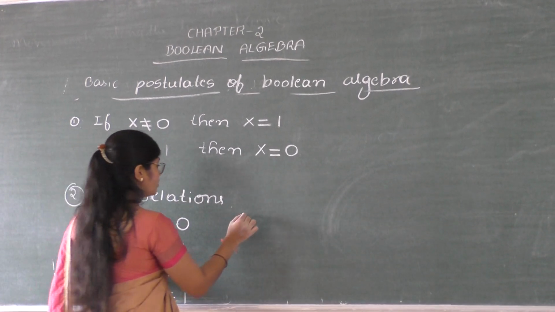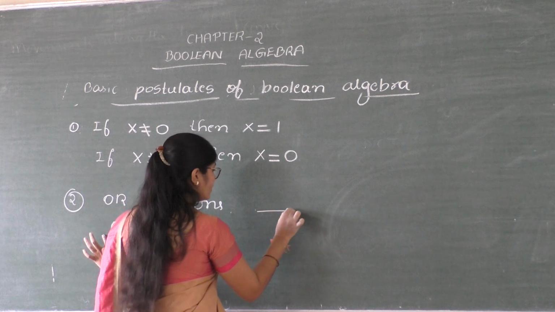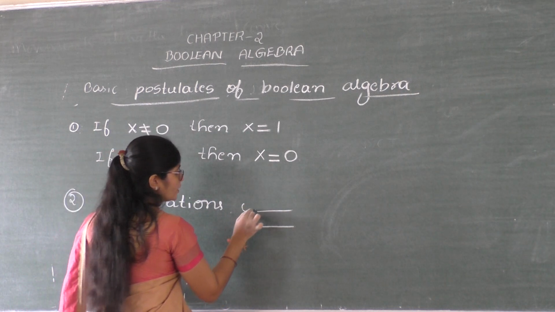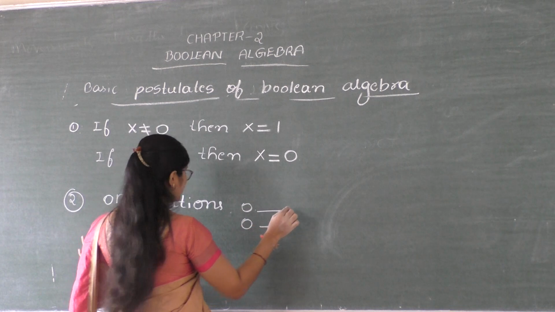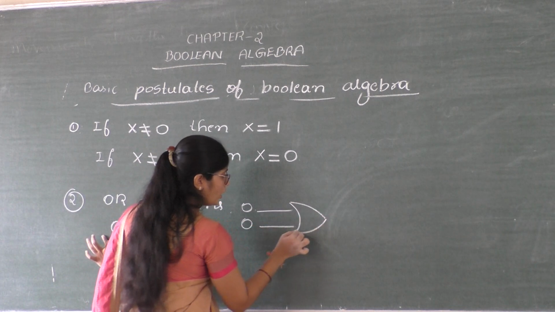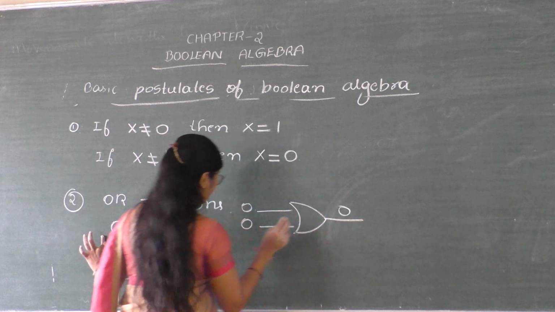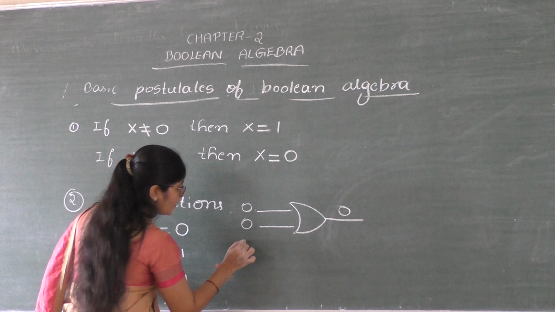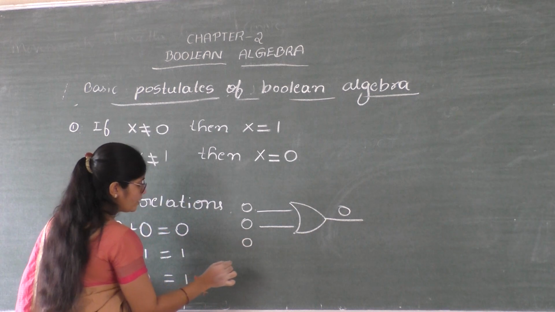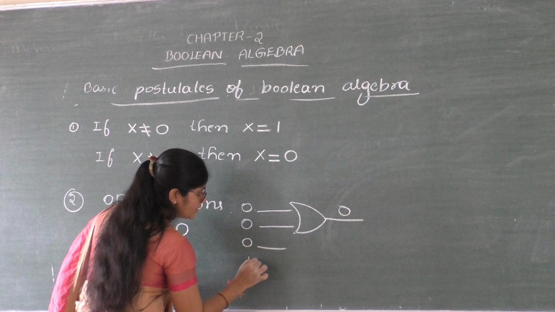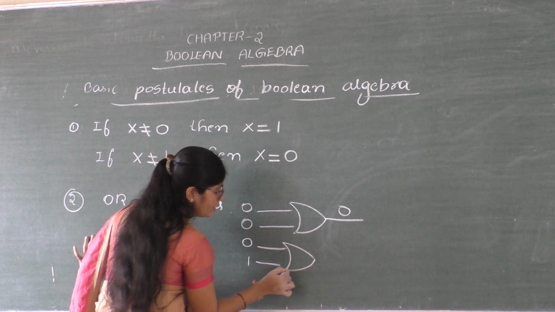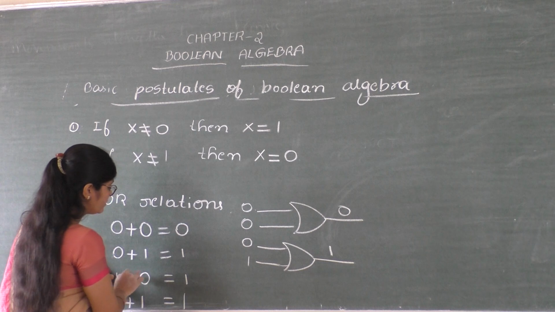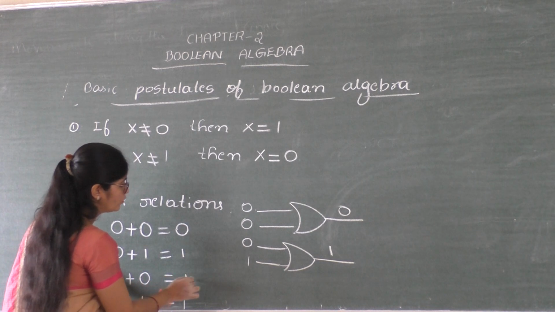If we consider the logic diagram, see, 0 plus 0 is equal to 0. If the input signals are 0, then the output signal is 0. Next, 0 plus 1 is equal to 1. If one input signal is 0 and another input signal is 1, then in the OR gate the output is 1. Next, 1 plus 0 is equal to 1.